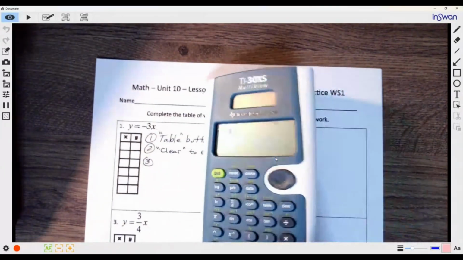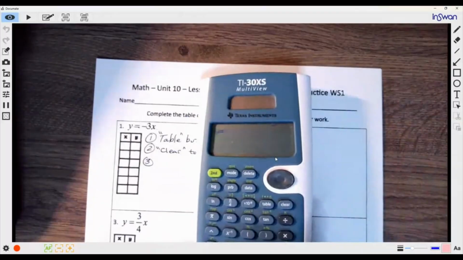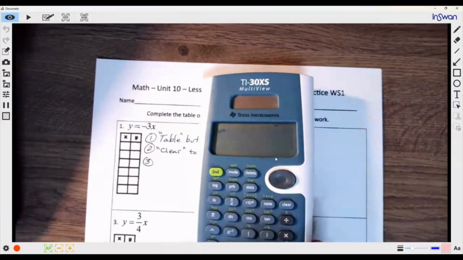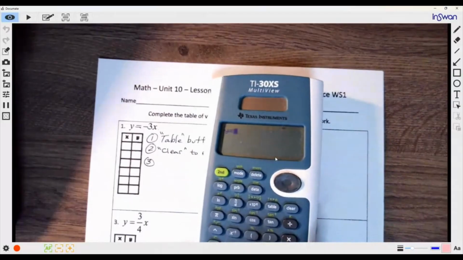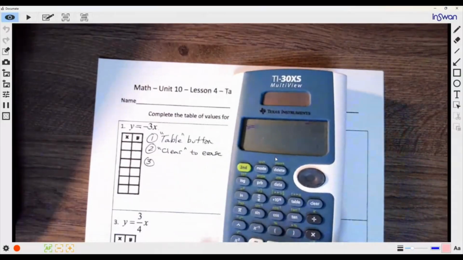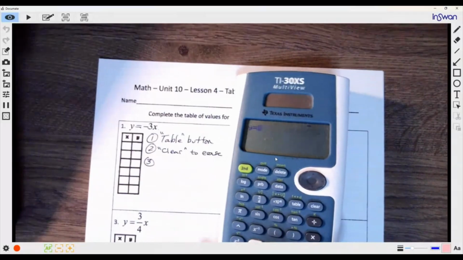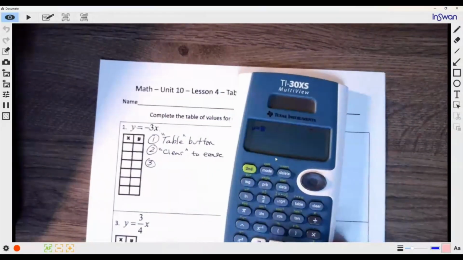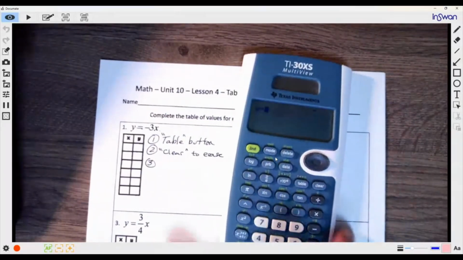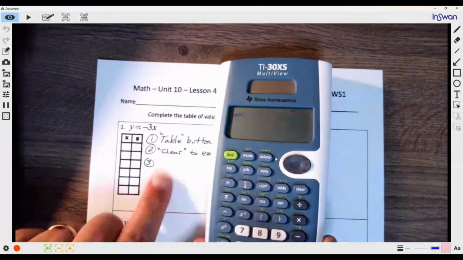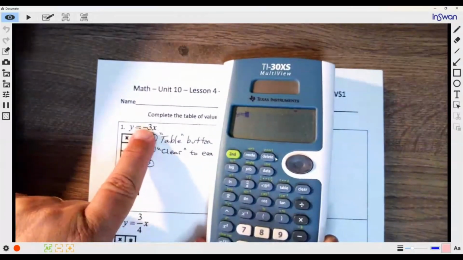The y and the equal sign should already be there. So it's waiting for you to type in the equation. Now, with this calculator, we cannot put a subtraction sign in for negative.